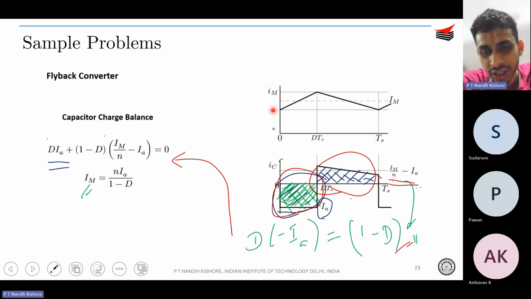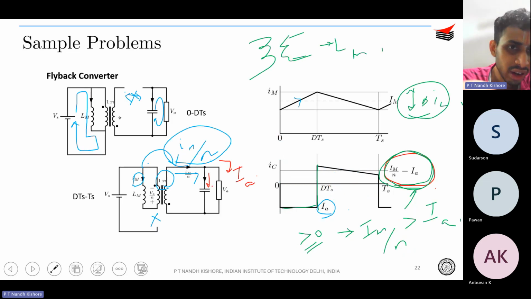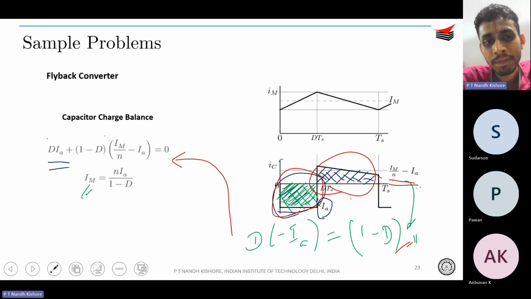It has a ripple and it has a DC average value. Of course, your transformer as a unit cannot take DC current, right? So you need this inductor over here so that it is able to take this DC current. Transformer, of course, cannot take DC current. That is one more thing.